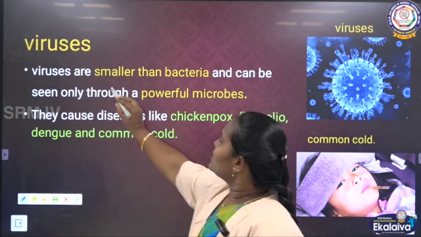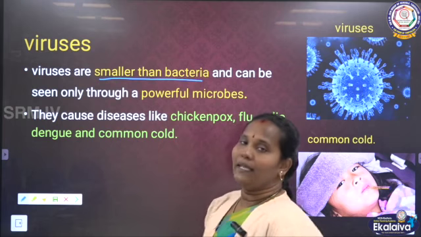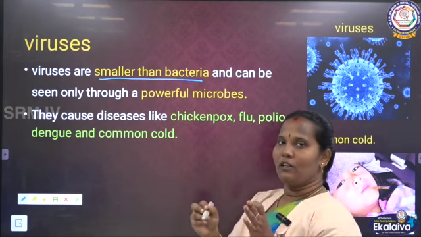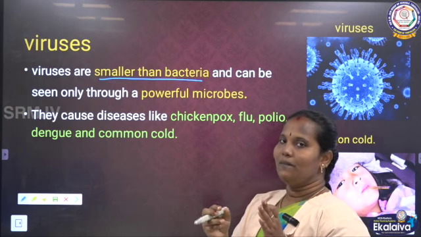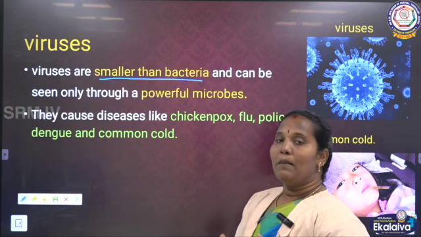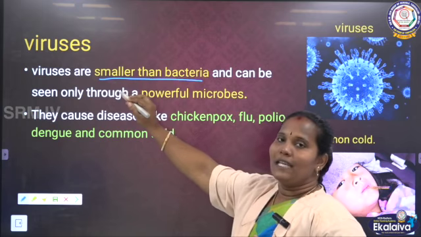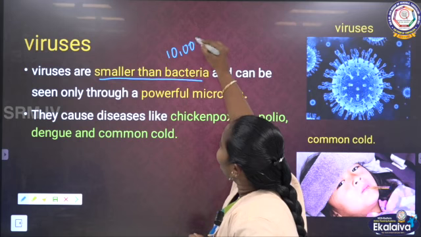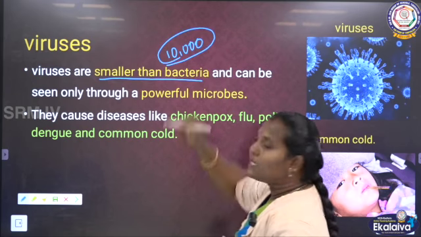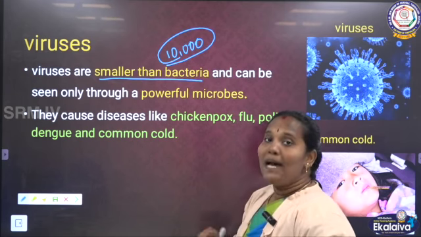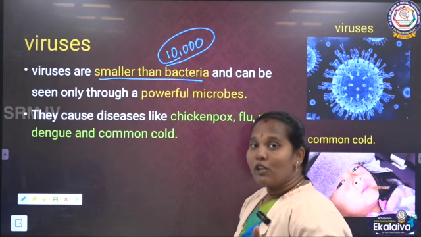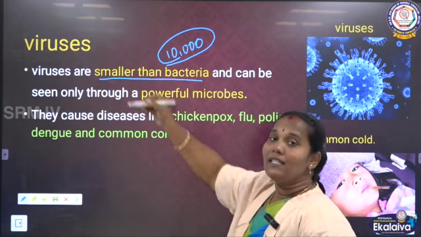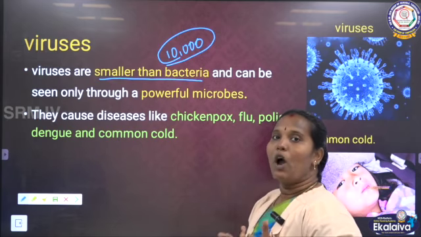Viruses are smaller than bacteria. I told you we can see microorganisms under the microscope, but viruses are 10,000 times smaller compared to bacteria. Bacteria can be seen even with a microscope, but compared with bacteria, a virus is 10,000 times smaller, so how can we see it?